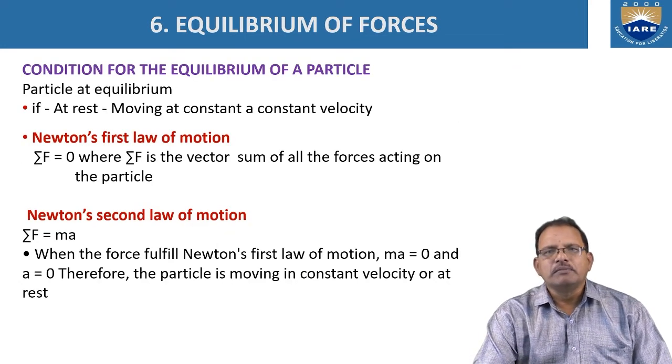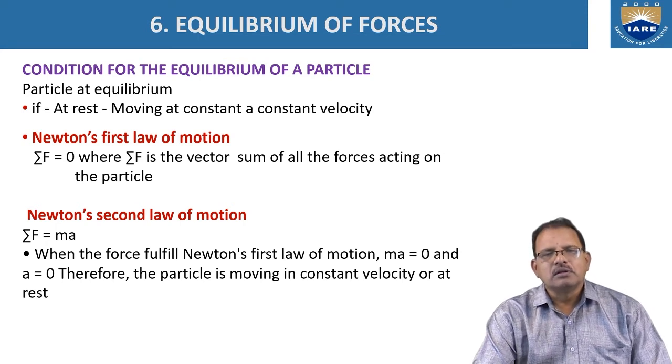Condition for the equilibrium of a particle. In order to keep the body in equilibrium, the resultant of all the forces acting on it should be equal to 0. To determine the resultant of all the forces, according to the analytical method, resolve the forces into two rectangular components, along the x direction and along the y direction.